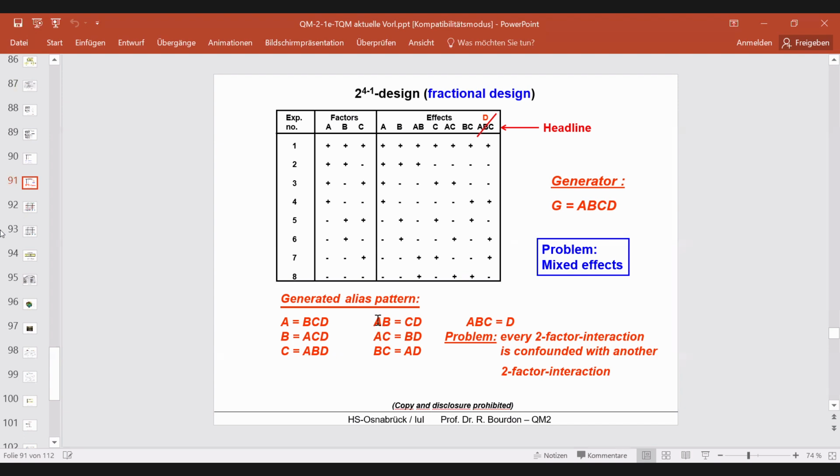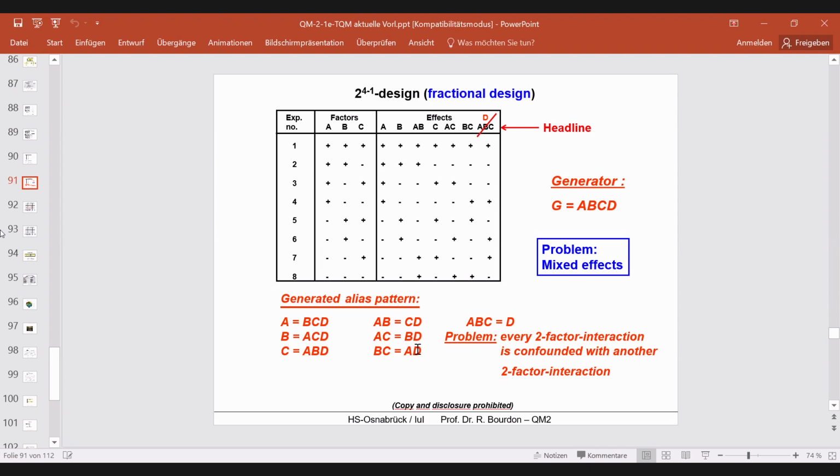But if you look at it here, if you combine the generator with AB, with this element of the headline, then CD remains. This means AB is confounded with CD, AC is confounded with BD, and BC is confounded with AD. So these 2-degree interactions are confounded with each other, and this could be a problem if there is a significant 2-degree interaction in the process.